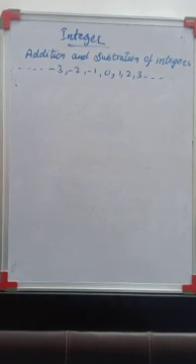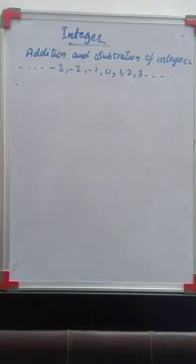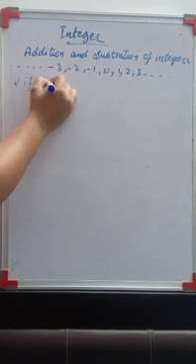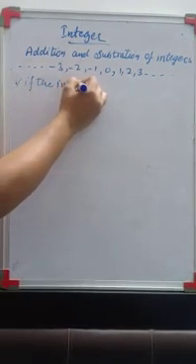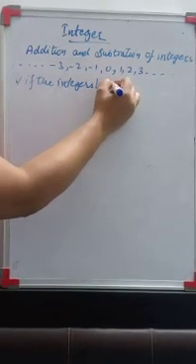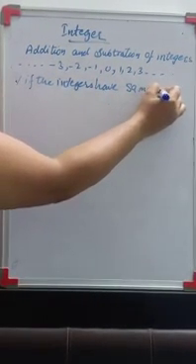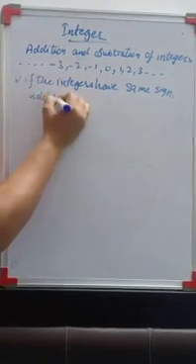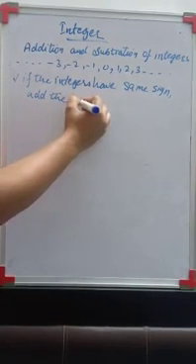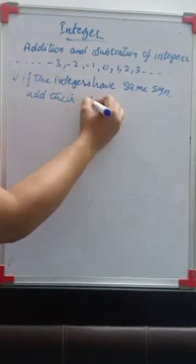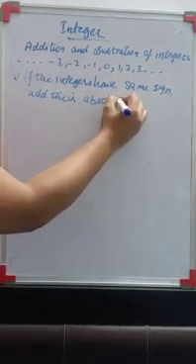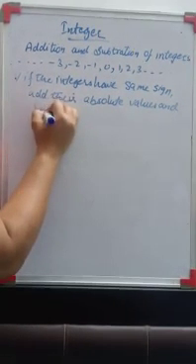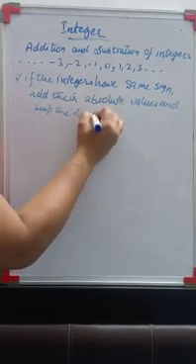Whenever we are going for the addition or subtraction of two integers, we need to follow two rules. One rule is that if the integers have the same sign, then what we need to do is add their absolute values and keep the same sign.